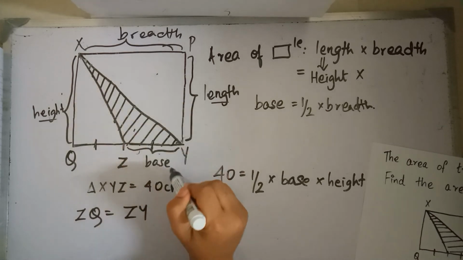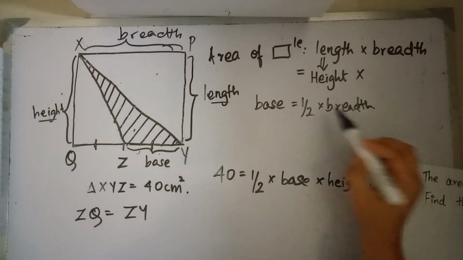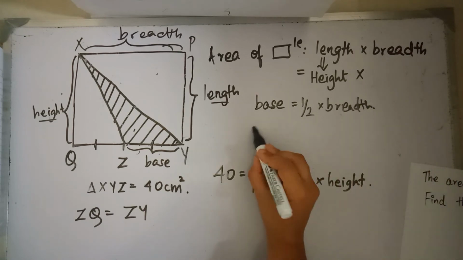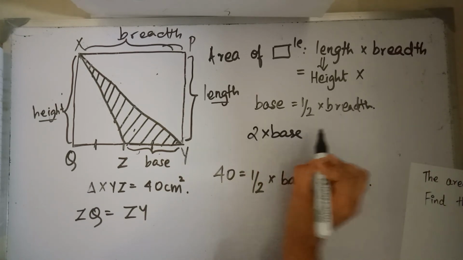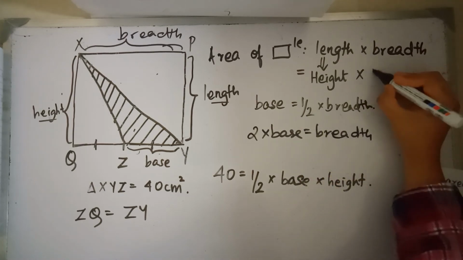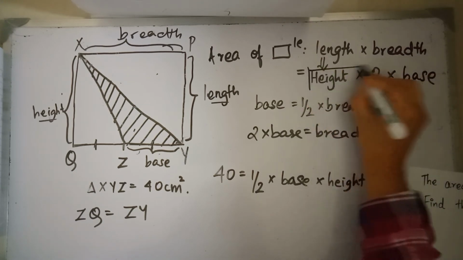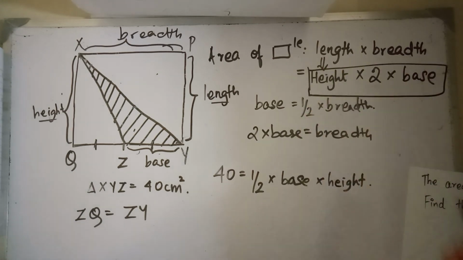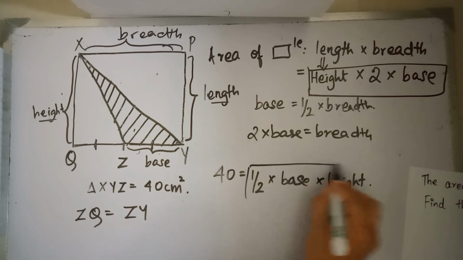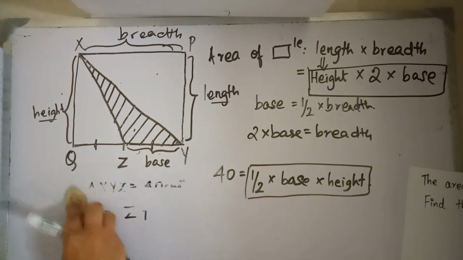So the base will be exactly half of the breadth. So in this case, we can also write it as breadth is equal to 2 into base. This is the area of the rectangle and this is the area of the triangle.